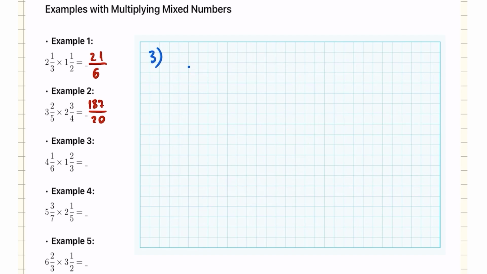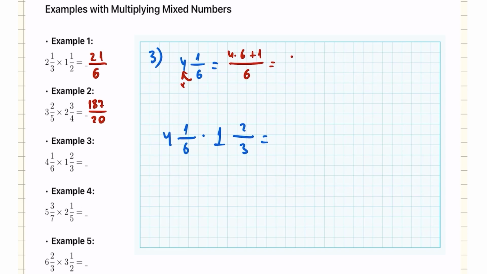Now number 3. We have 4 and 1 over 6 multiplied by 1 and 2 over 3. At first, we need to convert it into an improper fraction. 6 multiplied by 4 plus 1 over 6. It will be 25 over 6.